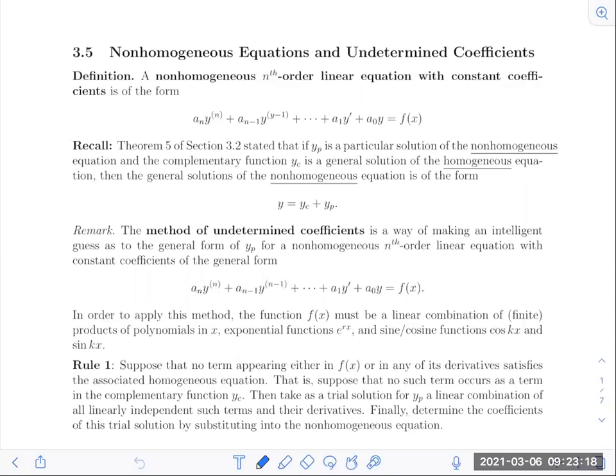On the non-homogeneous differential equation, we have what I'm circling right here, some f of x function on the right. We're going to build upon our knowledge of how to solve homogeneous DEs and talk about how that is similar and different from non-homogeneous differential equations.